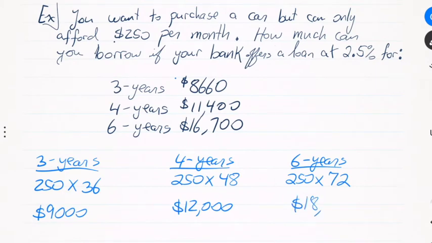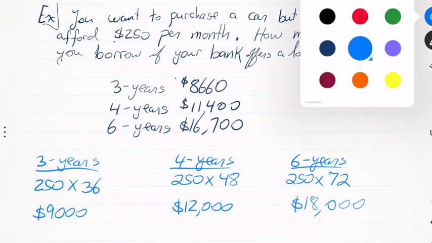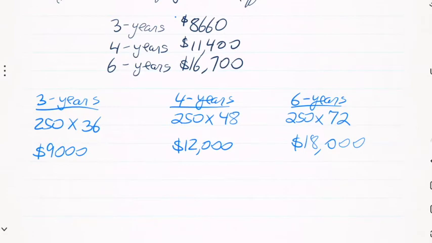So these are the amounts that you would really be paying for each one of the cars. If we want to find interest, we just need to subtract the amount we borrowed from the amount we paid. So these are the amounts we paid: the $9,000, the $12,000, and the $18,000.